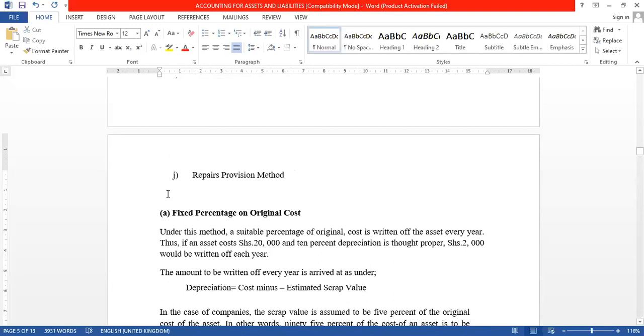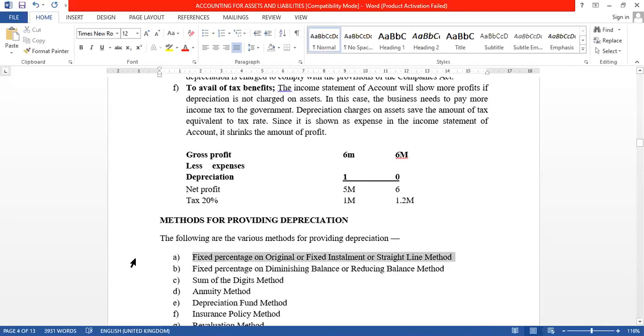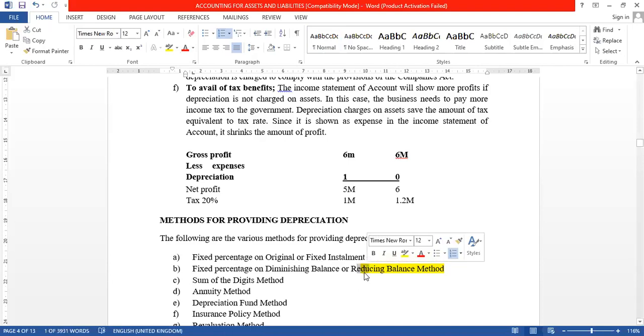There are two main methods: the fixed percentage method, also called straight line method, and the reducing balance method. In exams, you are always told whether to assume a straight line or a reducing balance depreciation method in the additional information.